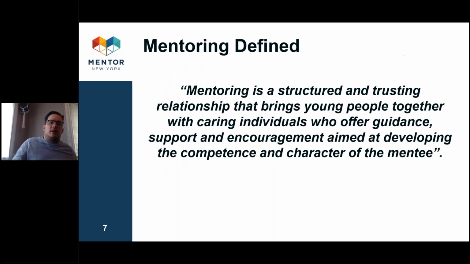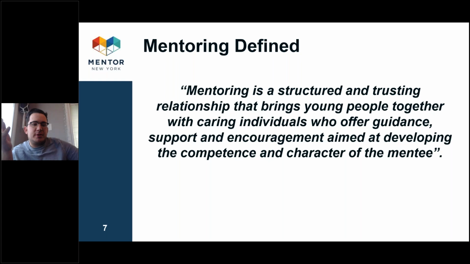So I like to start with this basic definition of mentoring. Mentoring is a structured and trusting relationship that brings young people together with caring individuals who offer guidance, support, and encouragement aimed at developing the competence and character of the mentee. Now, what you won't see here is a particular comment on the age of the mentor, right?